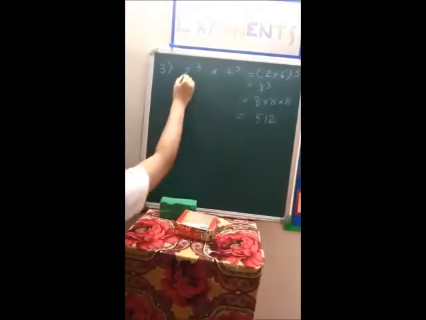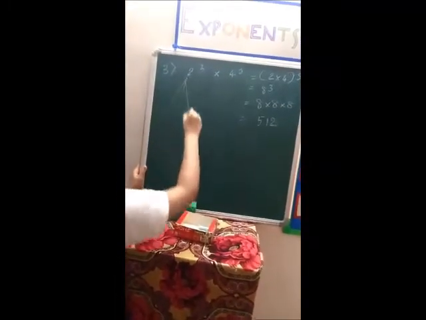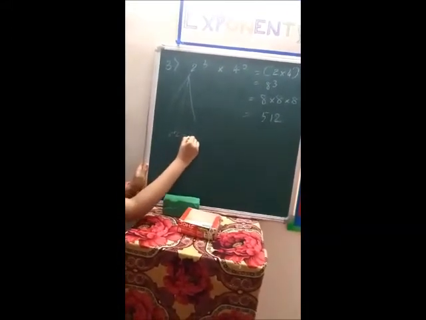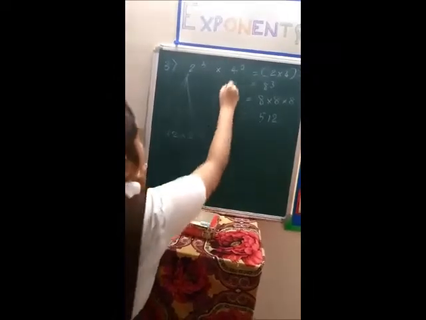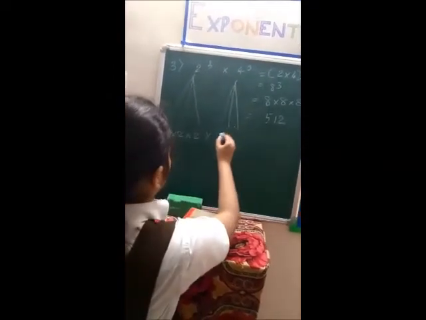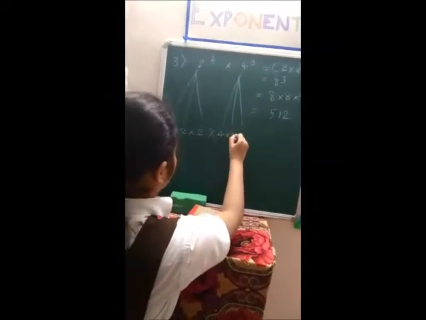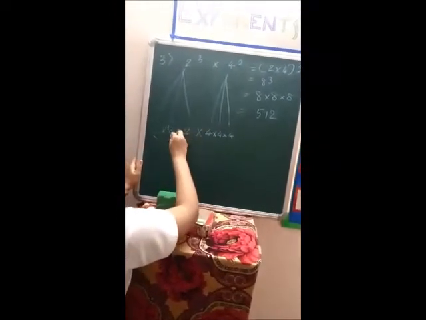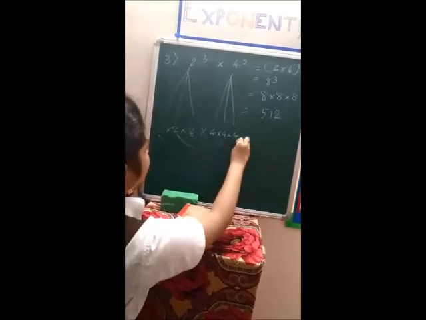To prove that, 3 times 2 multiplied by 3 times 4 means 2 4s are 8, 2 4s are 8 and 2 4s are 8.